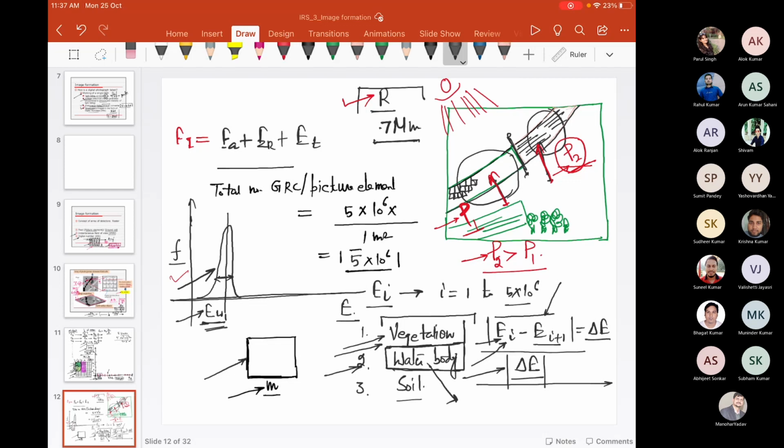Now when we consider the second case, it will be ER2 in the second case.